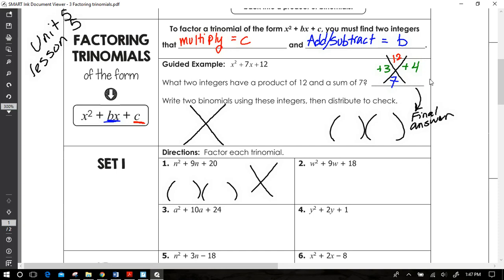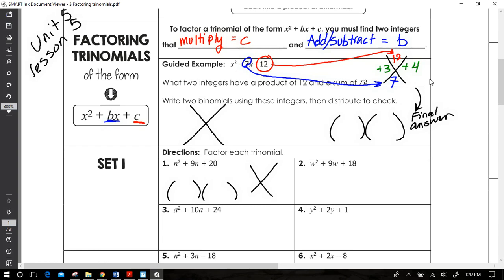Like, how did I get these numbers from the problem that was given to me and put it into the puzzle? Okay, so the constant term goes on top, and the middle number that you see here goes on bottom of the puzzle. And that's how I fill it in.